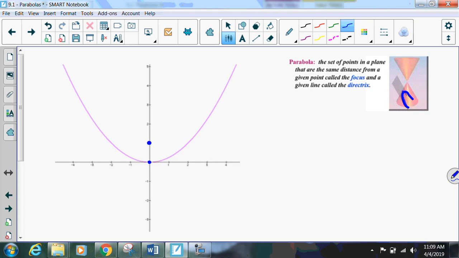I want you to put a point there, and let's go ahead and put that still as the vertex. A point that you're going to see that's inside of the parabola is going to be called the focus. So instead of a foci, we only have a focus point because there's only one.